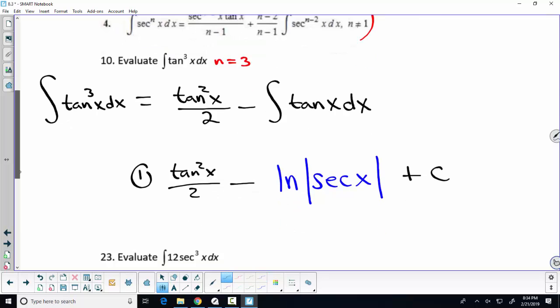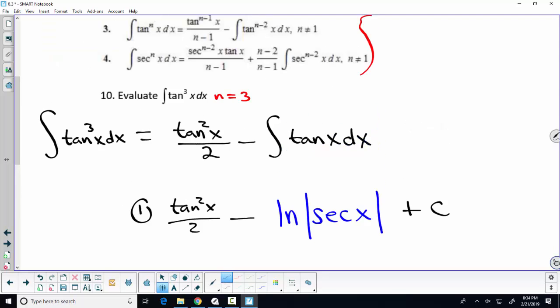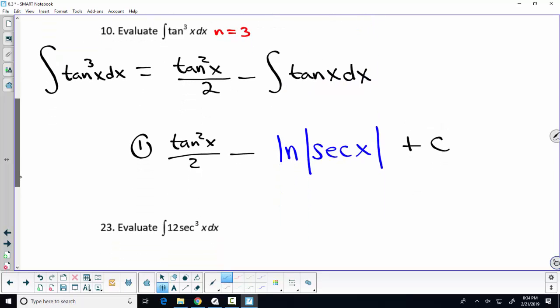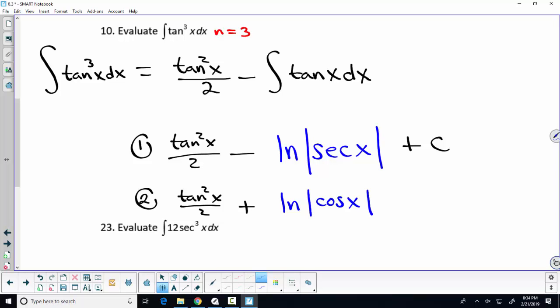So that's fine. Or tangent squared over 2 plus the natural log absolute cosine. And the one absolute cosine is negative ln, with this negative here goes away.